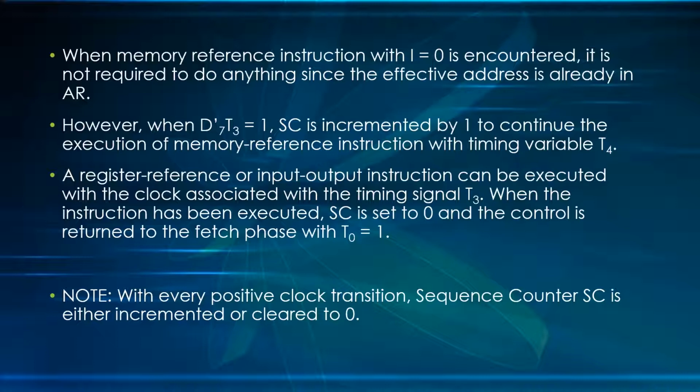A register reference or input-output instruction can be executed with the clock associated with the timing signal T3. When the instruction has been executed, SC is set to 0 and the control is returned to the fetch phase with T0 equal to 1. Note: with every positive clock transition, the sequence counter or SC is either incremented or cleared to 0.